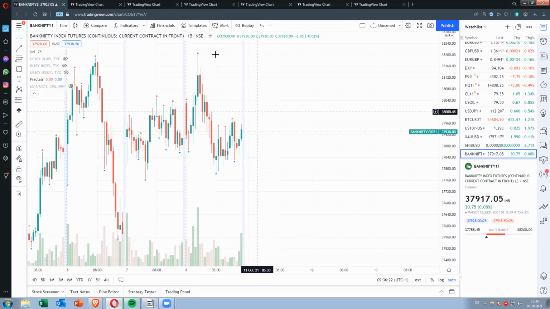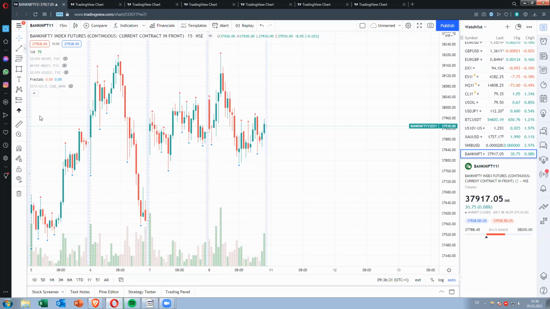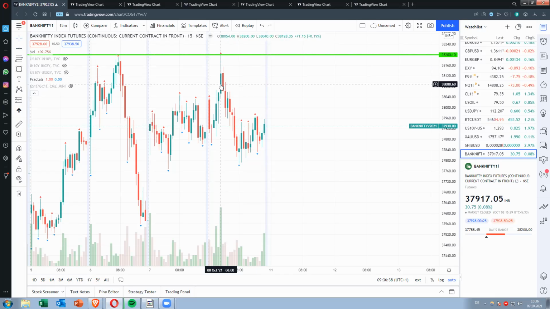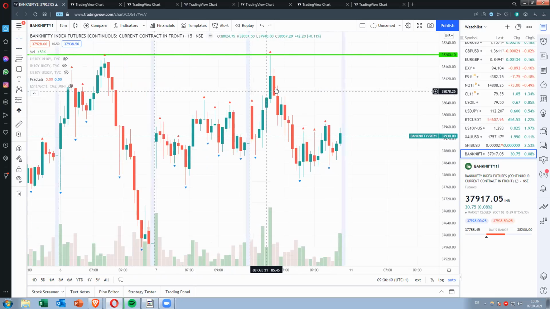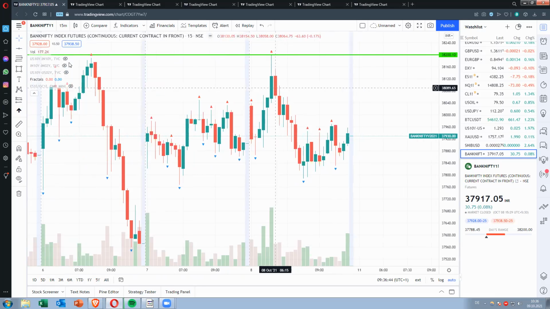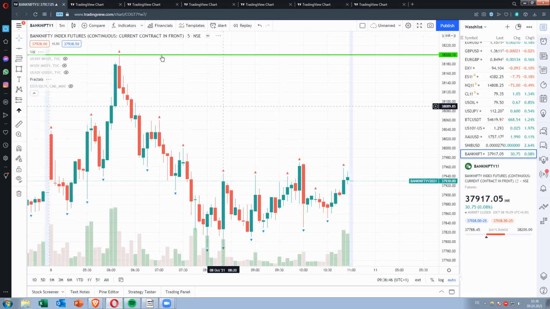You mean this red long candle? Yeah, the last red long candle, this here. No, after. Here, after this one goes up, when you see from the last line.